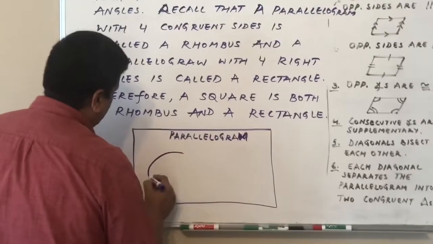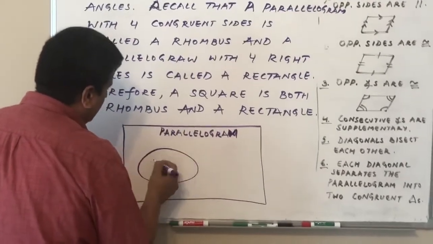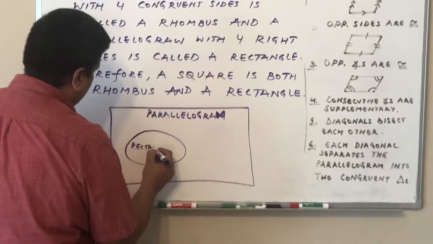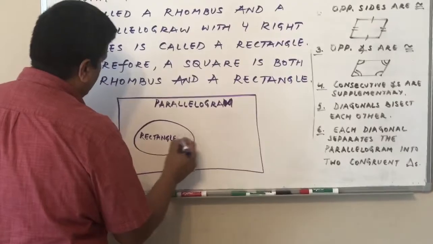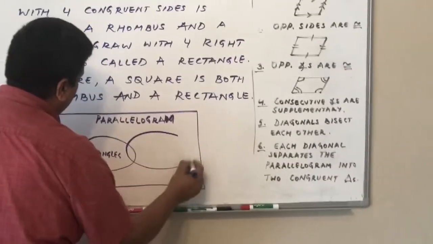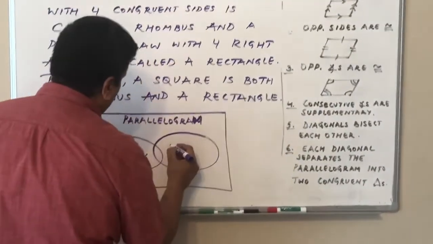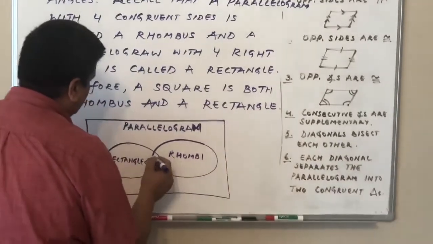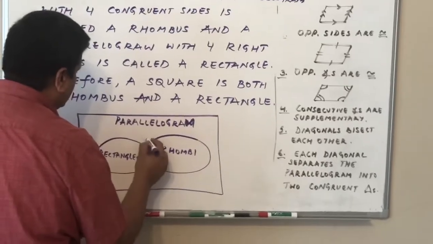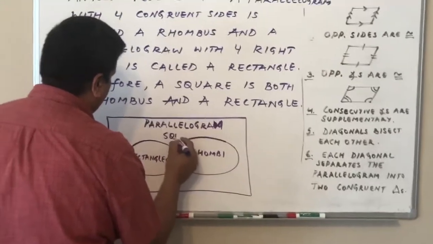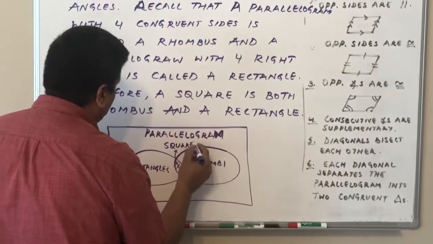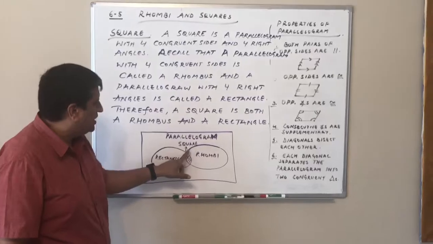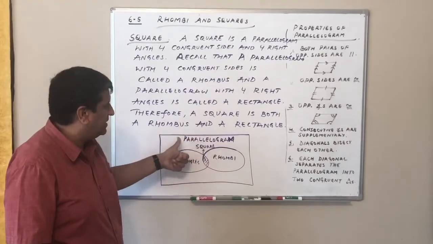And let's say so many of these parallelograms are rectangles, and so many of these parallelograms are rhombi. Then the intersection is a square. So rectangles, squares, and rhombi are all part of the parallelograms.